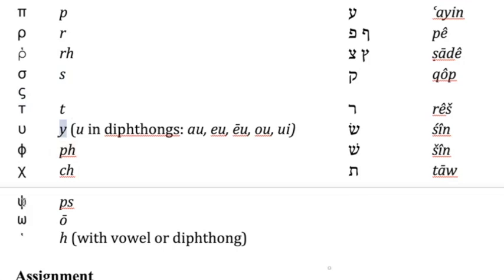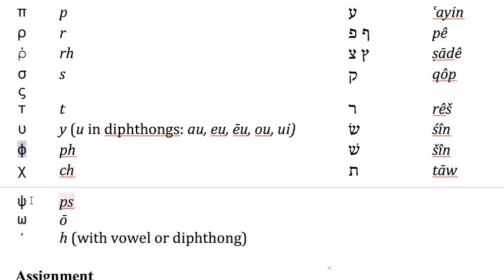And then these next three combine sounds. So this is a phi, makes a PH, fa, or like an F, like phonogram, that comes directly from Greek. Phono means voice or sound. And then a chi is kind of like a hard H, way back in your throat.